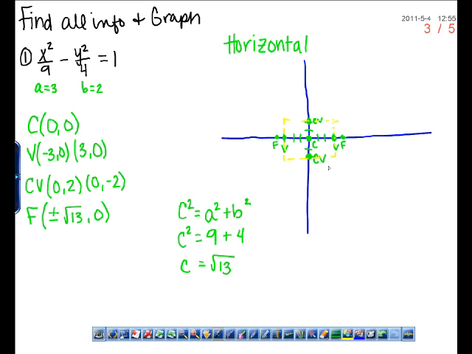All right. Next, we're going to draw in our asymptotes. Your asymptotes are always going to go through the center and through the corners of your box. Okay? So I'm going to draw in my asymptotes. They go through your center and through the corner of your box. Okay?